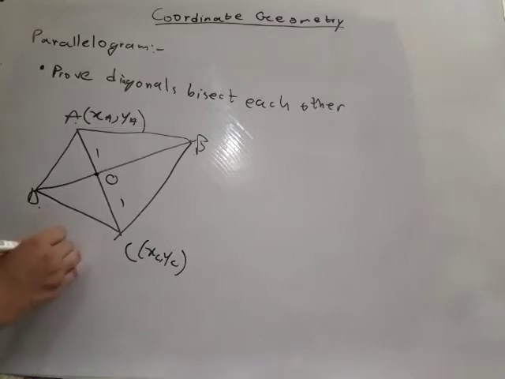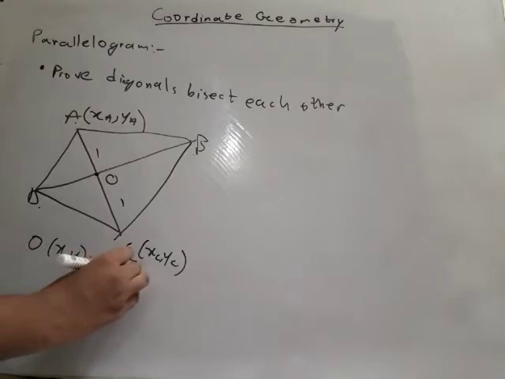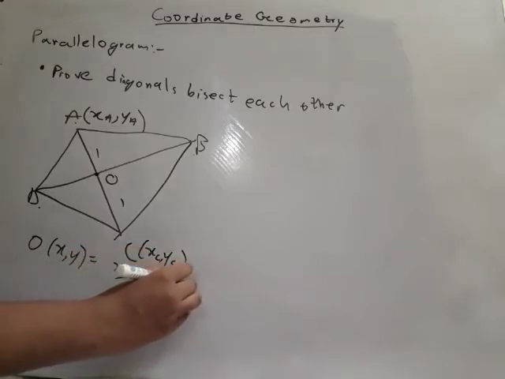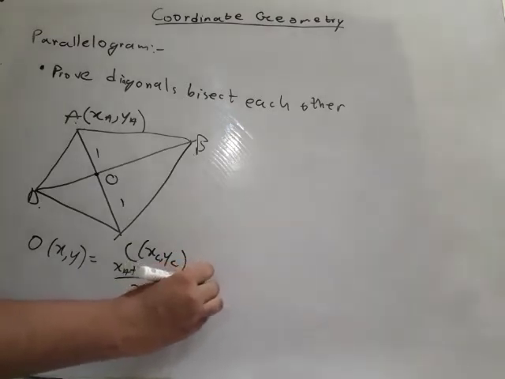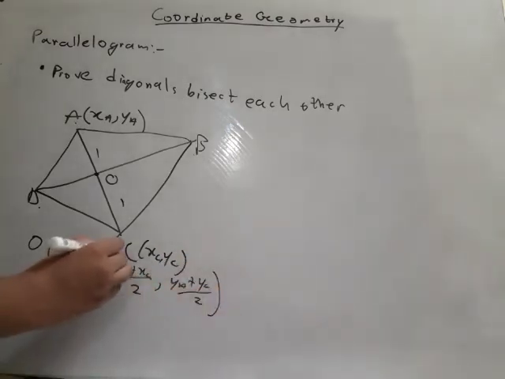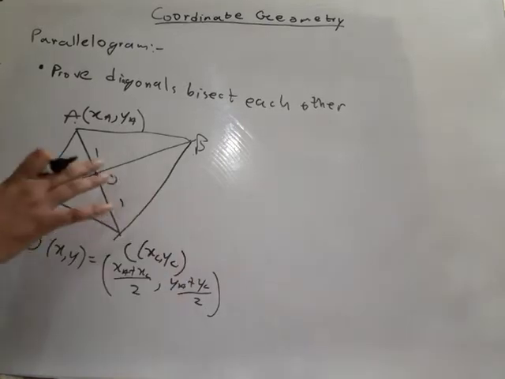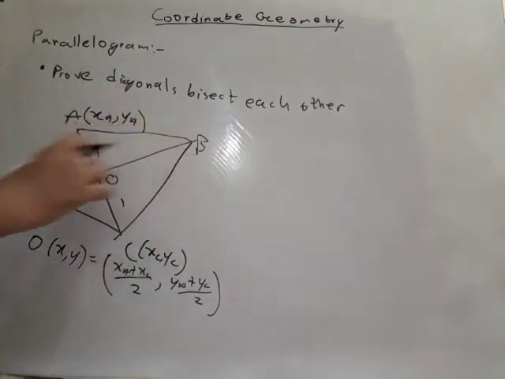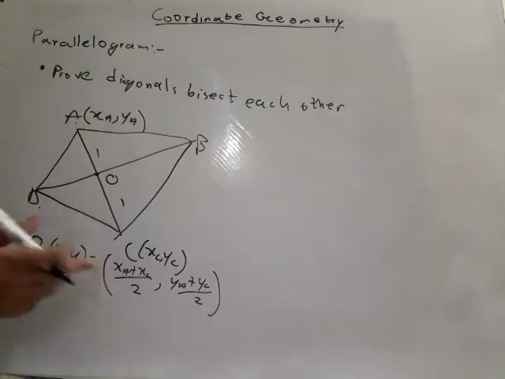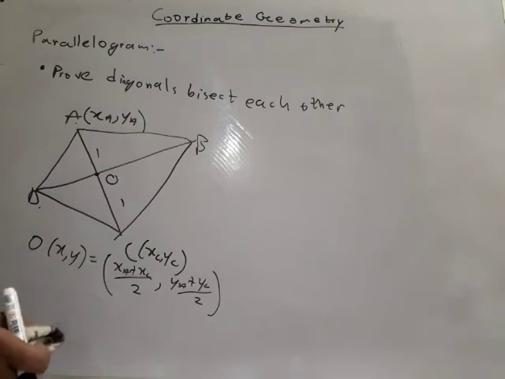If X and Y are coordinates of O, then it will be XA plus XC by 2, comma, YA plus YC by 2. And similarly we have to find the midpoint of BD, and we have to just prove them to be the same point. Means this X and Y will come the same. If they come different, then it is not a parallelogram. If it is not a parallelogram, then it is not a square, not a rhombus, not a rectangle.